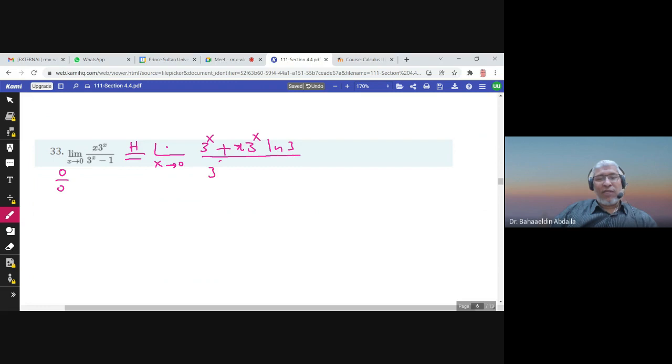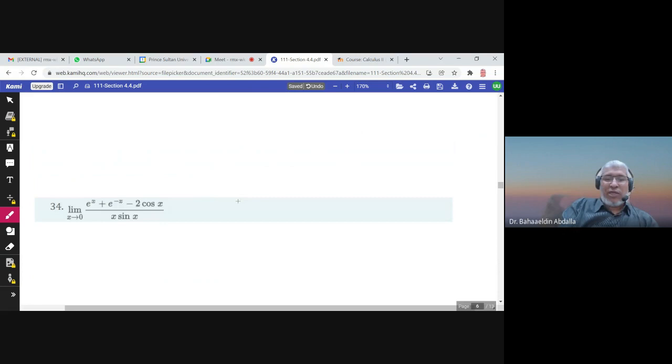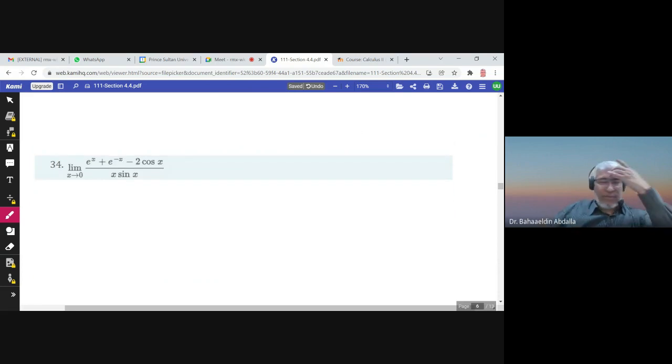Derivative of 3 to the power x is 3 to the power x times ln 3 minus the derivative of 1, which is 0. Now replace x by 0. 3 to the power 0 is 1. And 0 times anything would be 0. 3 to the power 0 is 1 times ln 3 is ln 3. So the answer is 1 over ln 3.